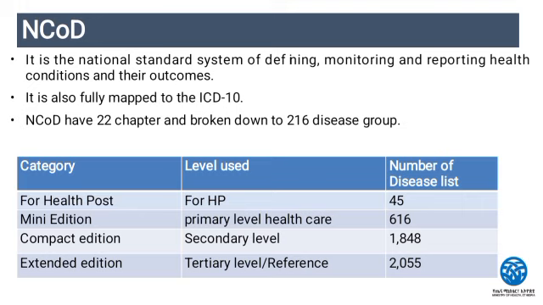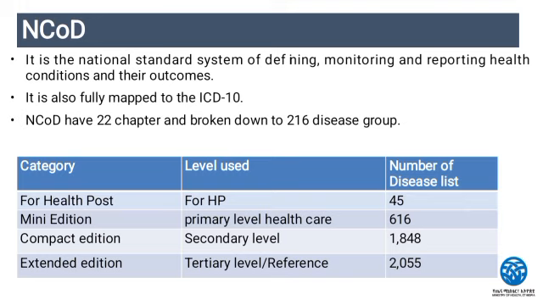Category for health post: level used is health post, number of disease list 45. Mini edition: level used is primary level health care, number of disease list is 616.